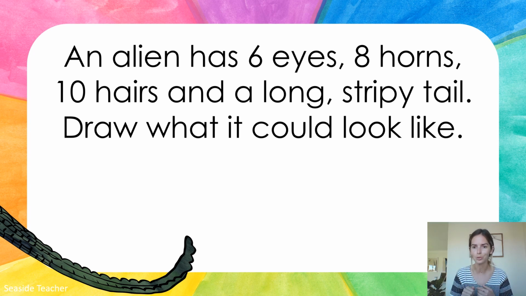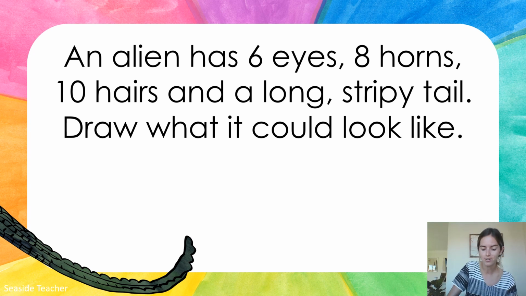Draw what that could look like. Now everyone's going to draw something different today, and I think that's the most exciting part. So I'm actually going to rub out my board, and while you do yours, I'm going to do mine as well. So we could do it together. So what's the first thing? An alien has 6 eyes, 8 horns, 10 hairs, and a long stripy tail.